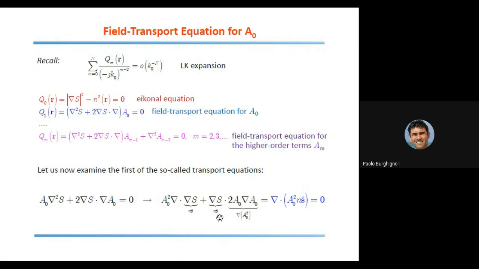This is also exploited in the second addend, where you also have twice the product of A0 times its gradient, which is by definition the gradient of A0 squared. So everything can be compacted, exploiting another elementary differential identity, as the divergence of the quantity inside these brackets, which is A0 squared times the refractive index times S hat. This divergence must be equal to 0, and this is what gives us the field transport equation for A0.